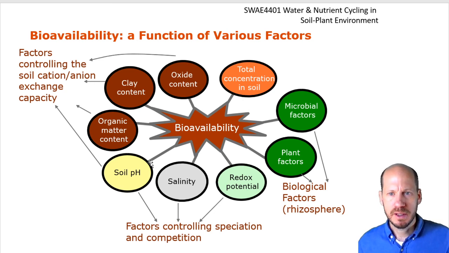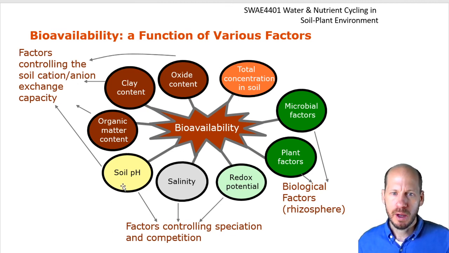Some of these factors that control the bioavailability of different nutrients in soil are related to the cation exchange capacity. We will talk about that in the next lecture. Clay content, organic matter content, or oxide content. The total concentration of the nutrient is important, but its bioavailability is regulated by other factors.